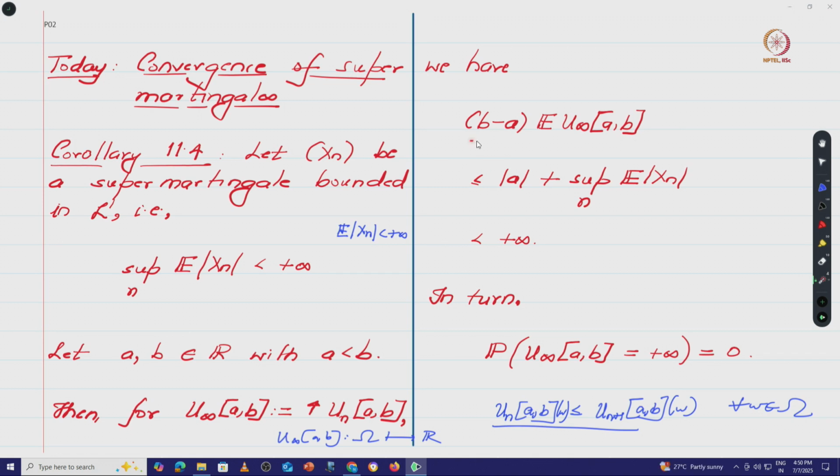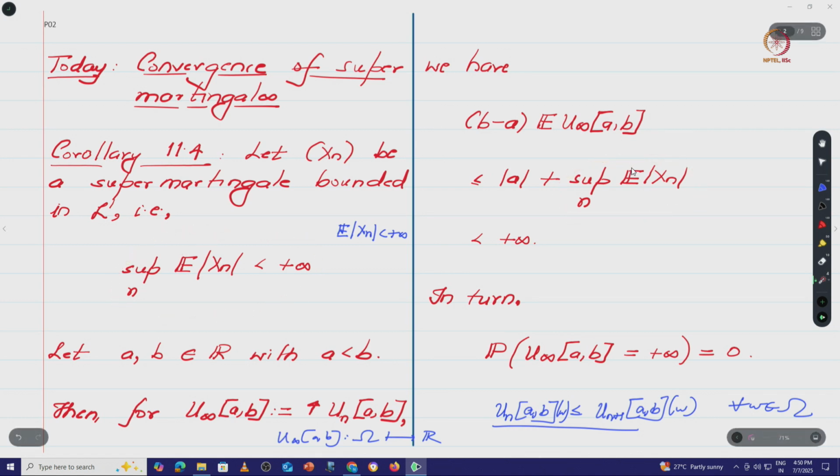In particular, (b minus a) times the expected value of U infinity AB is less than the absolute value of a plus the supremum of the expected value of the absolute value of Xn, where the supremum is taken over the index n. And we have been given that this supremum is less than infinity.